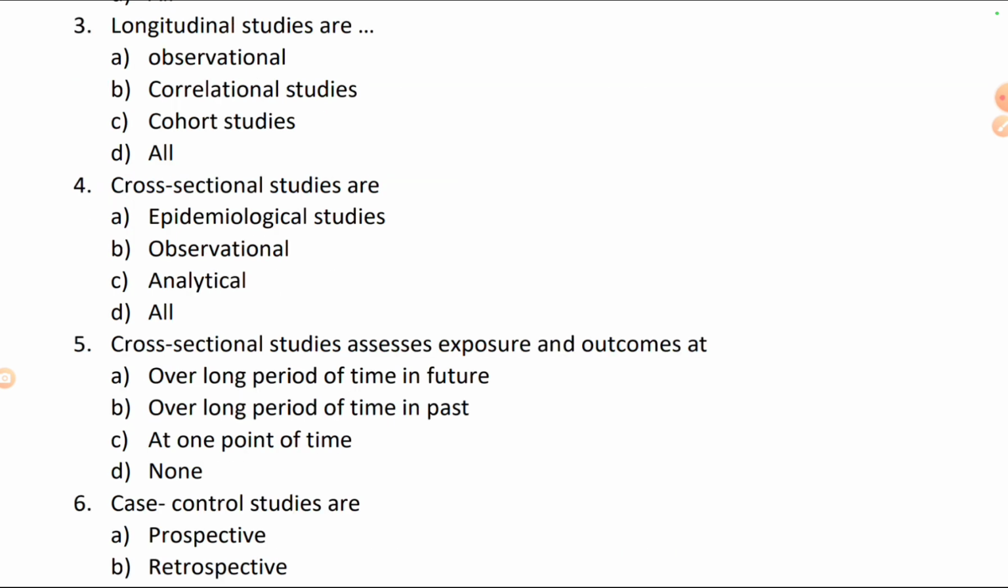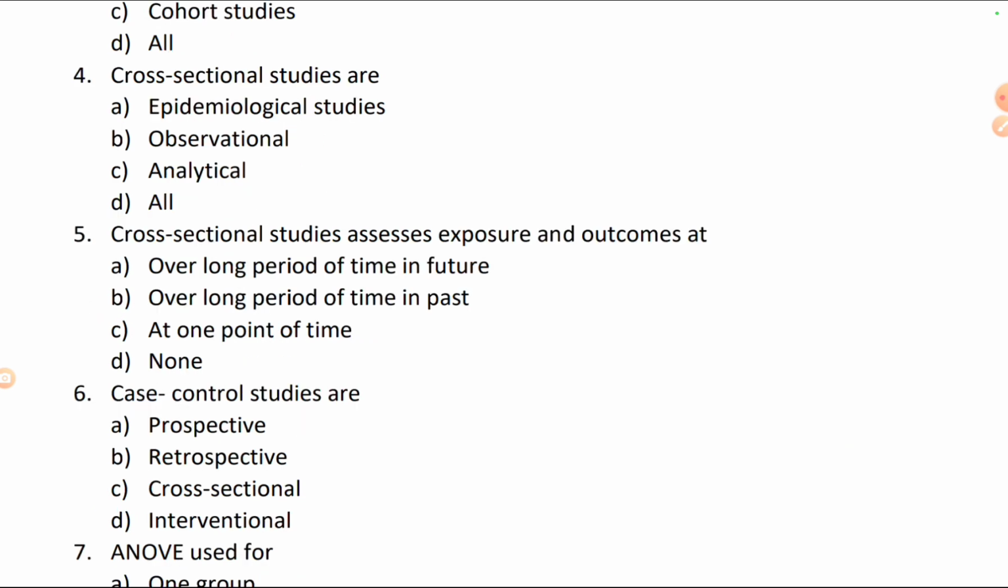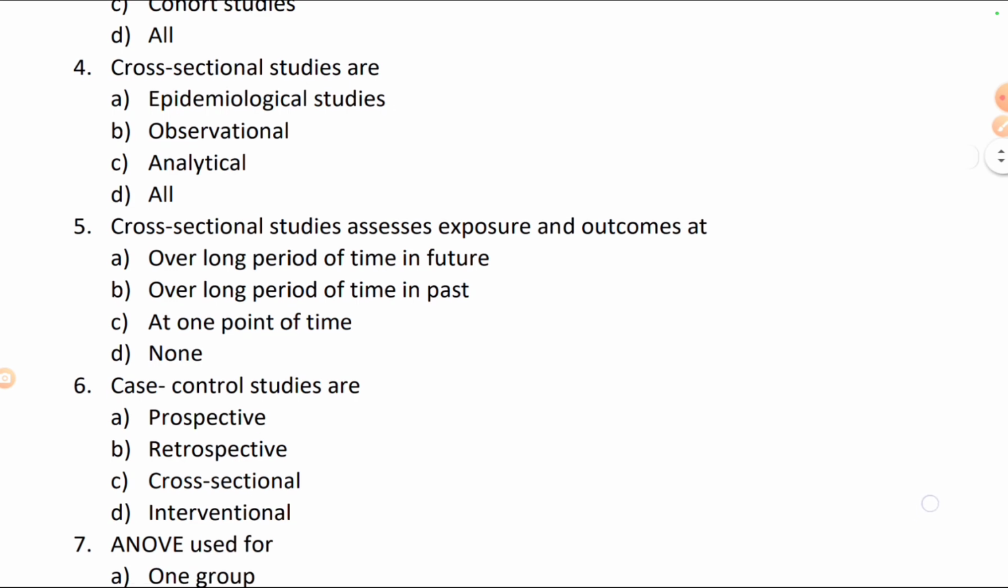Number 4, cross-sectional studies are option A, epidemiological studies. B, observational studies. C, analytical studies. D, all. The answer is D, all. Cross-sectional studies assess exposure and outcomes at option A, over a long period of time in the future.